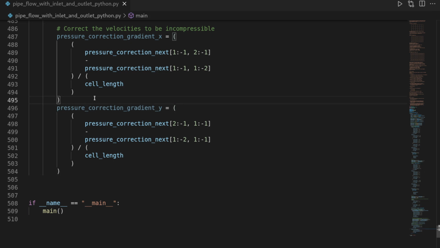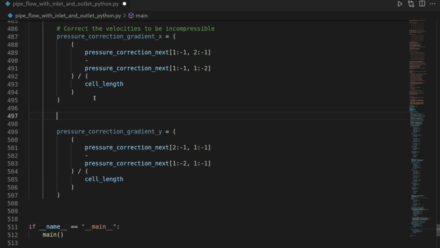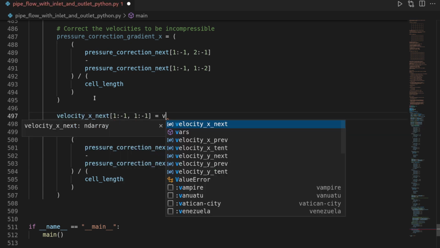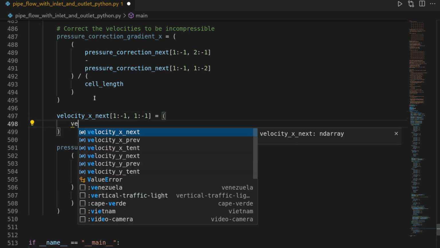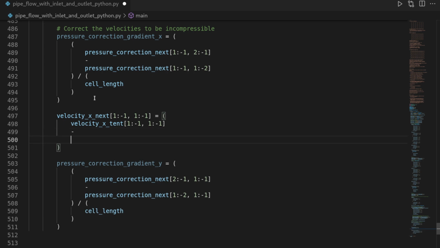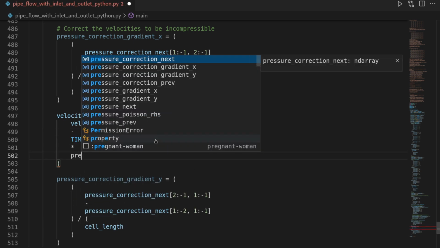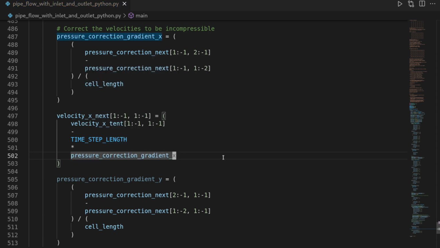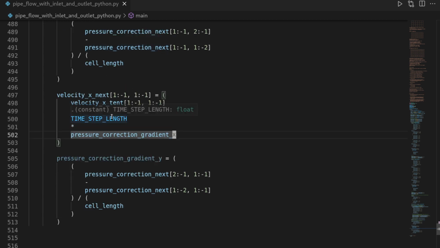So I will go here and say that velocity x next at the interior is going to be the velocity x tentative at the interior minus the time step length multiplied with the pressure correction gradient in x. And here we don't have to select the interior because we just computed a gradient only for the interior values of our x velocity.